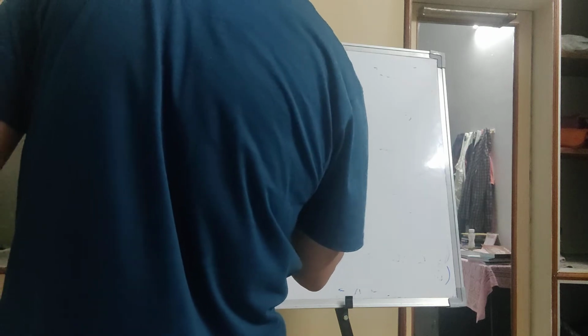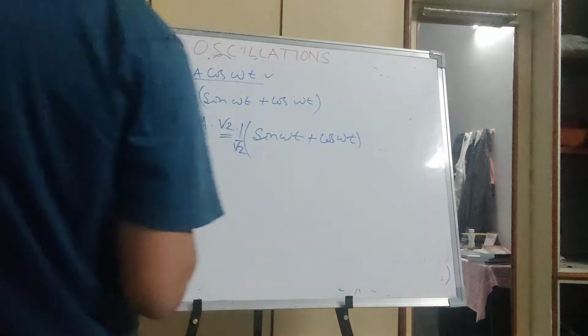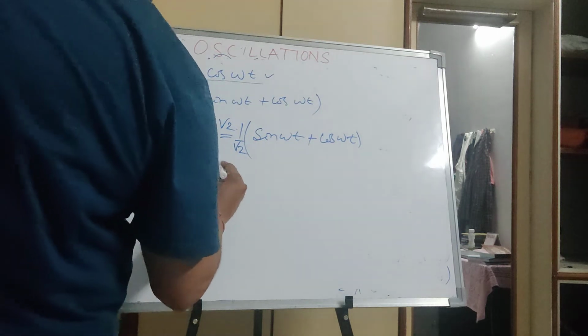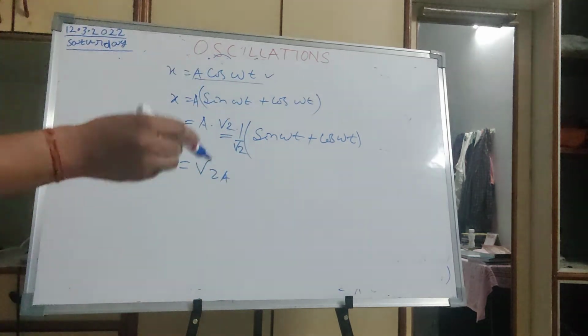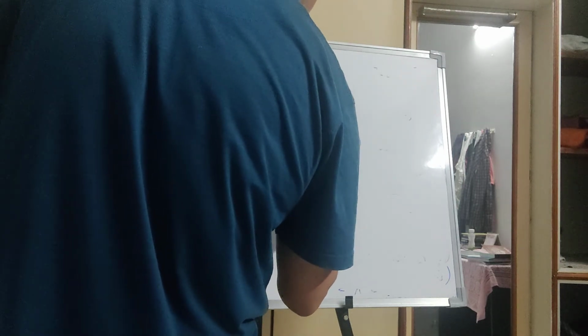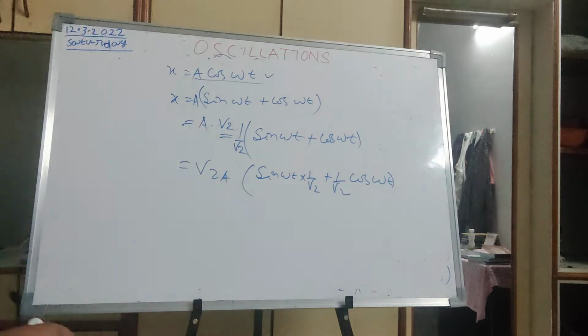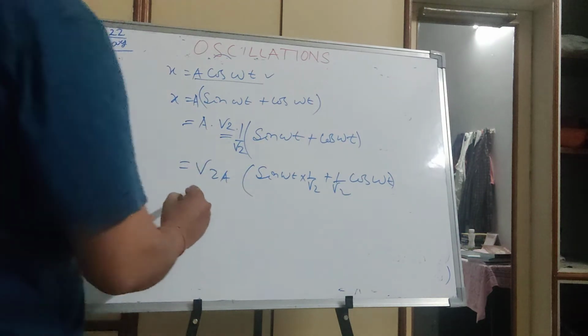So this becomes sin omega t plus cos omega t. Let me take root 2 a outside, and take 1 by root 2 inside: sin omega t into 1 by root 2 plus 1 by root 2 into cos omega t. The equation becomes like this.